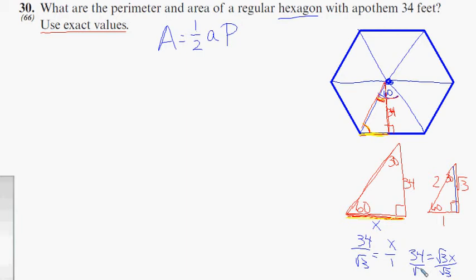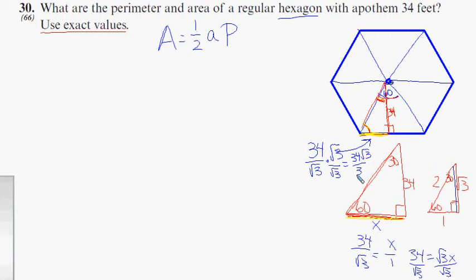Divide both sides by the square root of 3, which leaves us with x. In other words, this piece right here is going to equal 34 over the square root of 3, but because we have to rationalize the denominator, we're going to multiply above and below by the square root of 3. So what that really equals is 34 times the square root of 3 over 3.